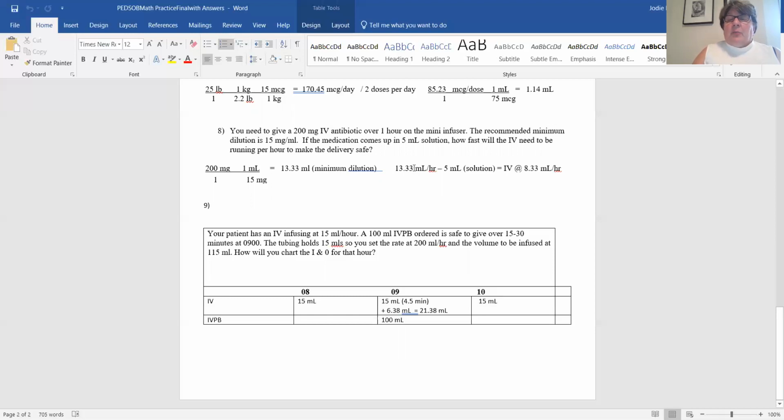So the 13.33 milliliters per hour, minus the 5 milliliters of solution, you're going to be running the IV at 8.33 mils per hour.